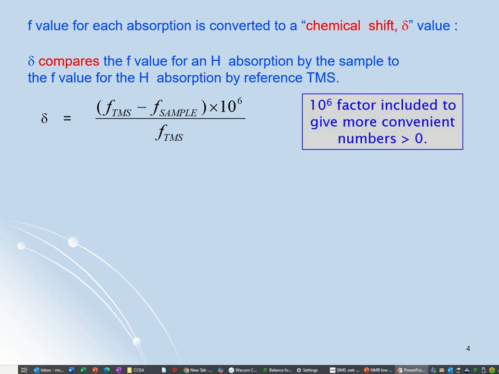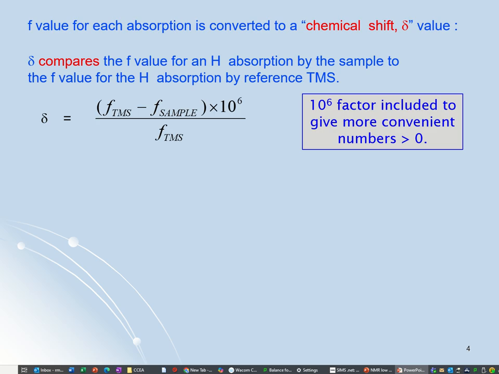We work out our chemical shift by comparing the frequency of the TMS absorption minus the frequency of the sample we're looking at, over the frequency of the TMS, multiplied by 10 to the 6. So you can see these chemical shift values and the energy involved here is extraordinarily small.